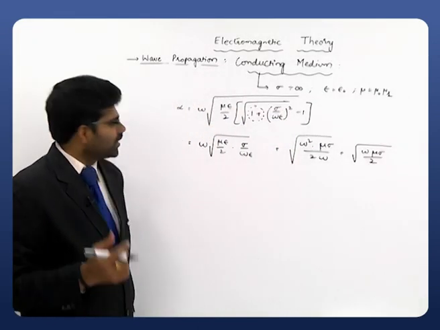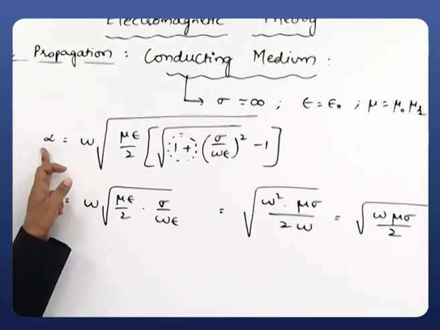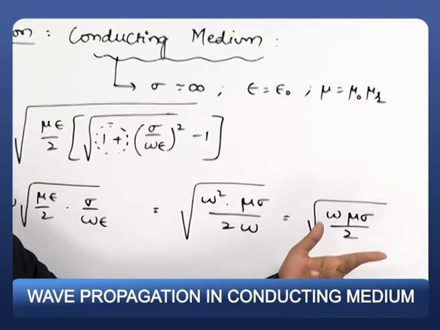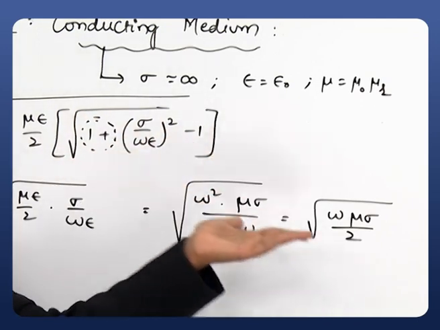This is a simple quantity that we have for our conductor, that alpha is existing, and this has sigma in the numerator. Sigma in the numerator means it is a very, very high value. For high conductivity, the attenuation is very, very high.